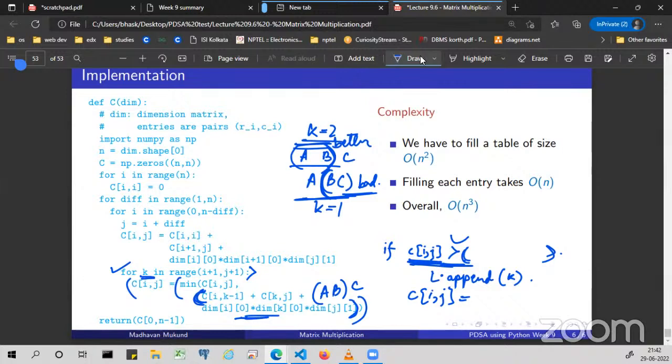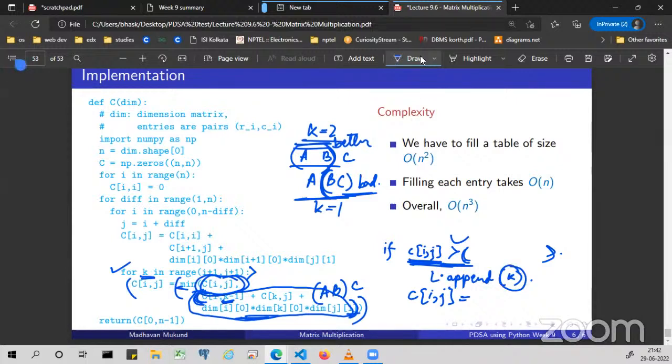If I arrive at a minimum value first and later I arrive at greater values, that's why it is done minimum of C i j, which means C i j's initial value or the current value which I get using k. In this expression you get k, or the previous value which was already in C i j, whichever is minimum I am considering. So I just check if the current iteration of k is giving me the better value, and I append the k in a list.